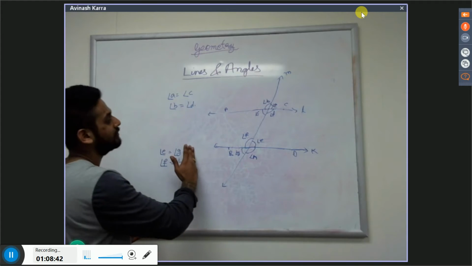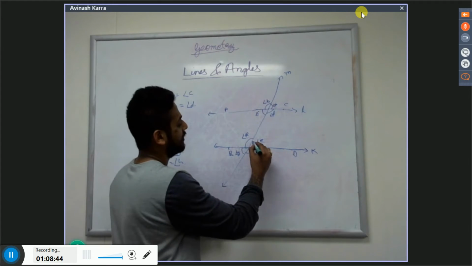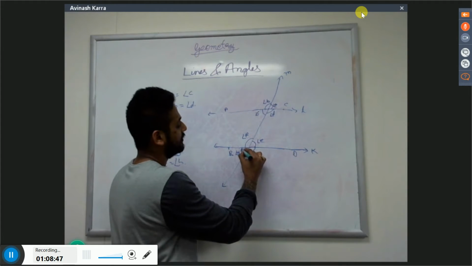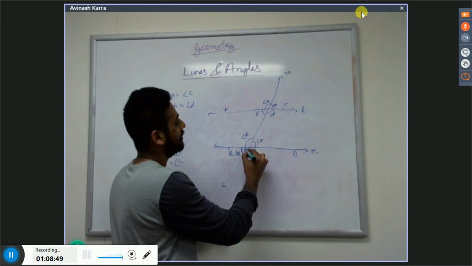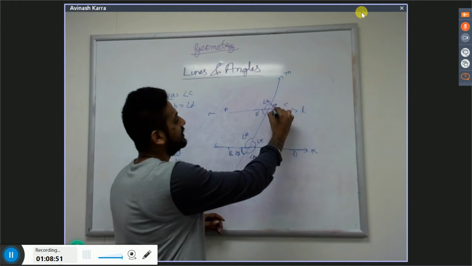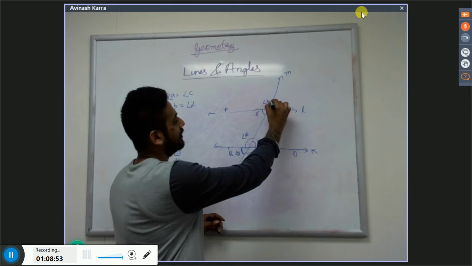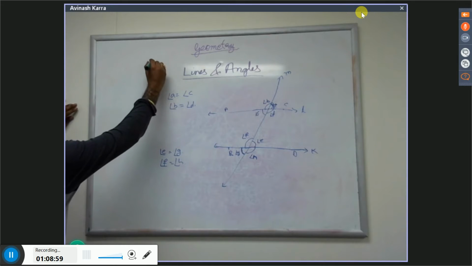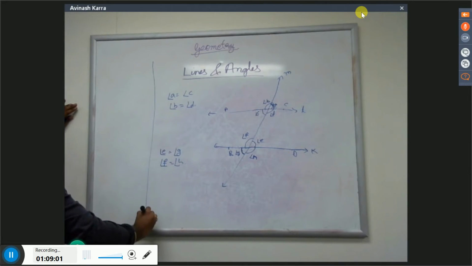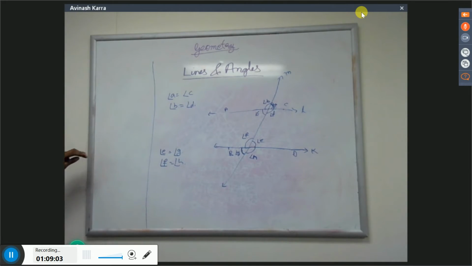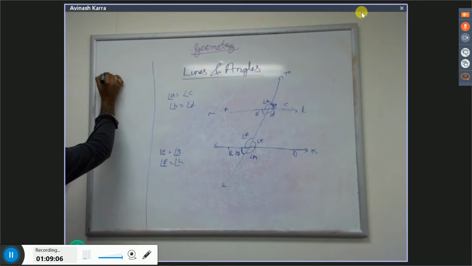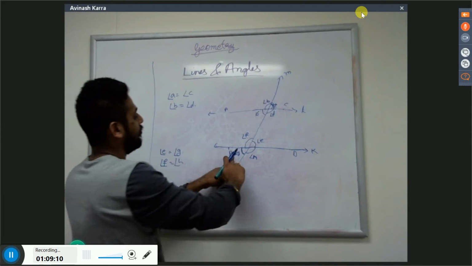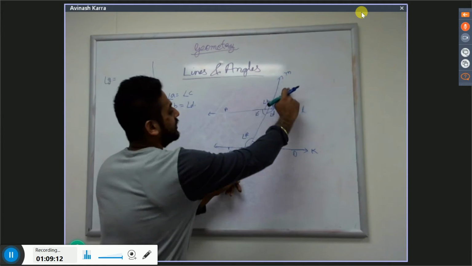And from there, this angle will be equal to this angle. That is called exterior opposite angles. Angle G: what is the exterior opposite to it?